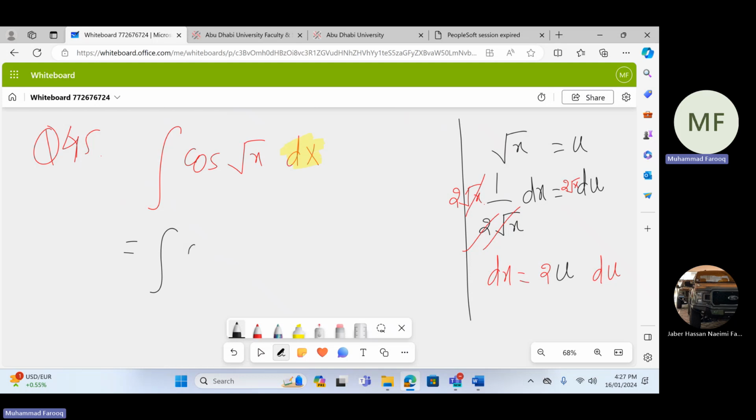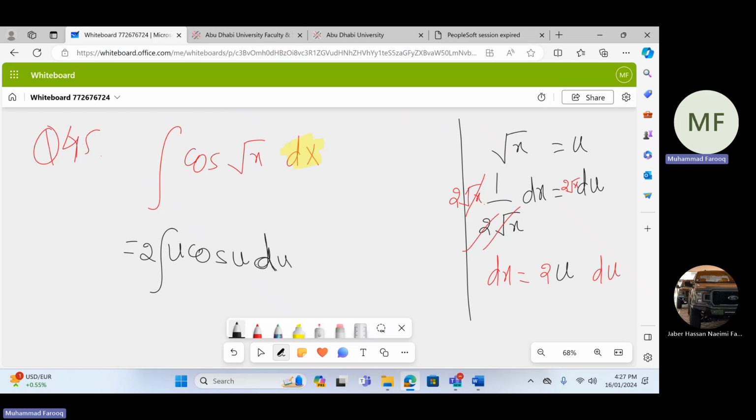Integrate: I have cosine of root x, which is u, and dx is 2u du. Now 2 is a constant, so take it outside, and now you have u cos u du. That's it.